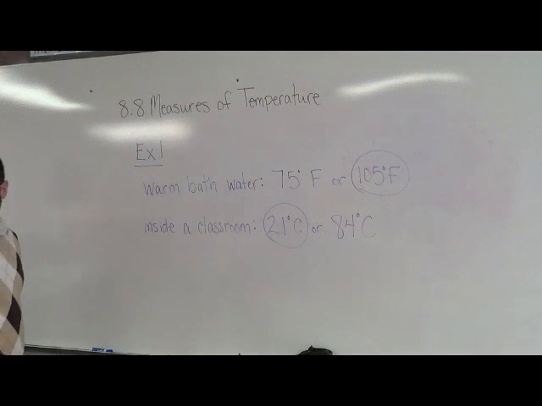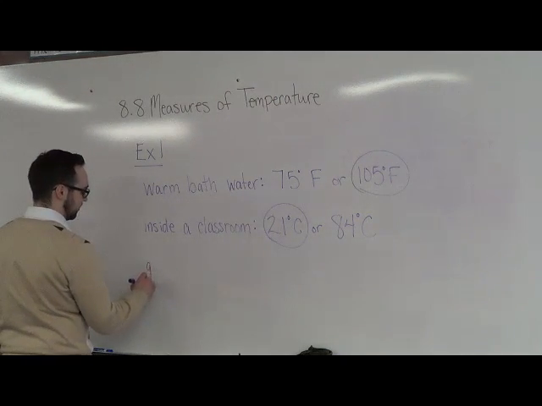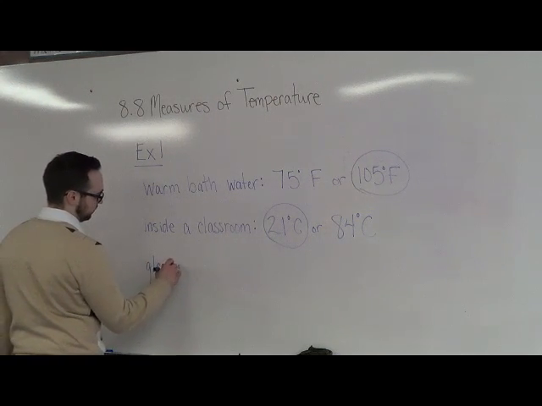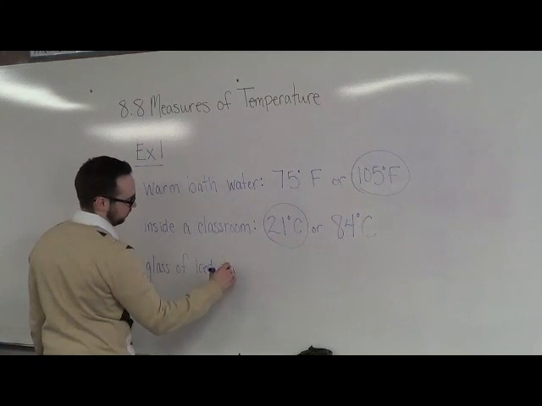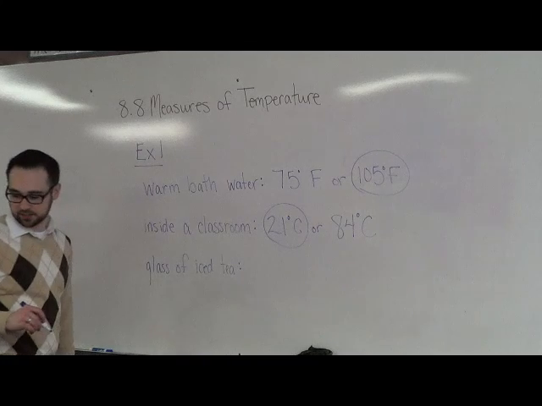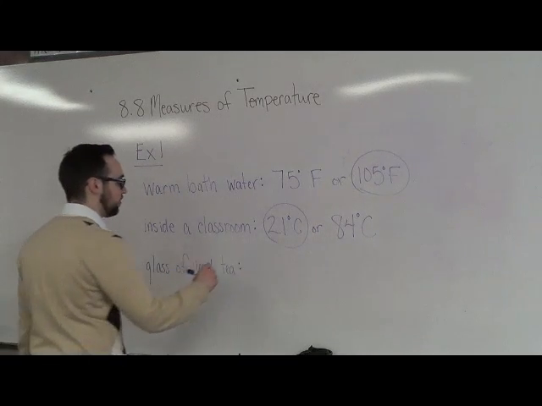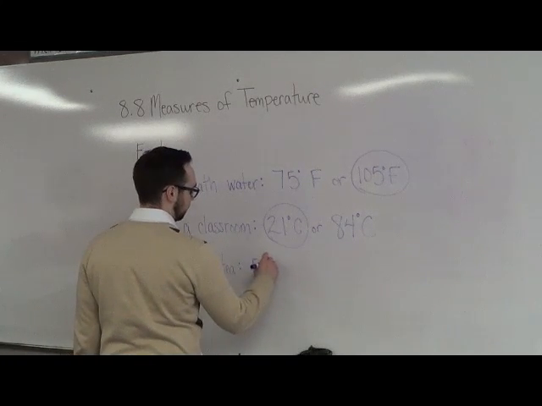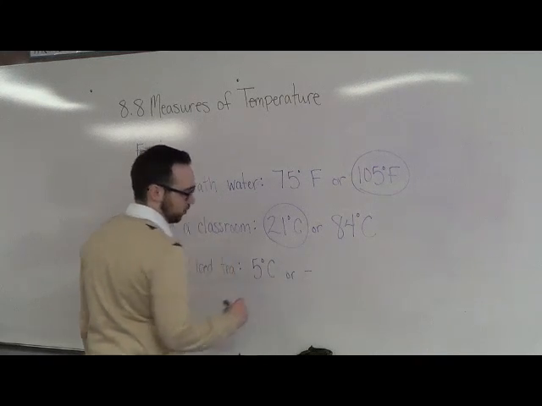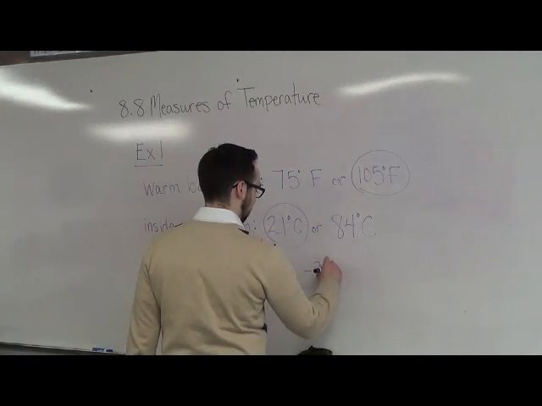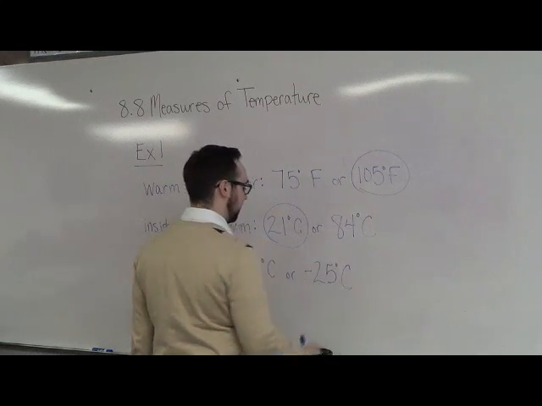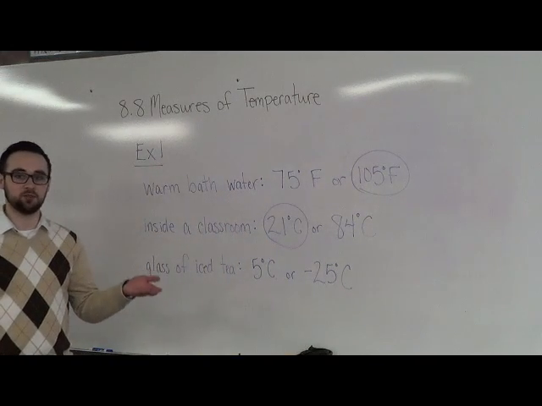And then if we're looking at, let's say, a glass of iced tea, is it going to make more sense for it to be 5 degrees Celsius or negative 25 degrees Celsius? Again, think about that boiling or freezing point of water.